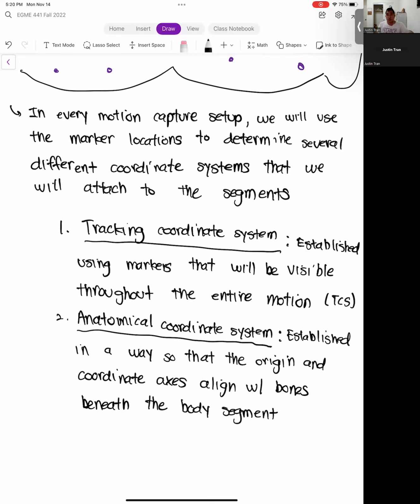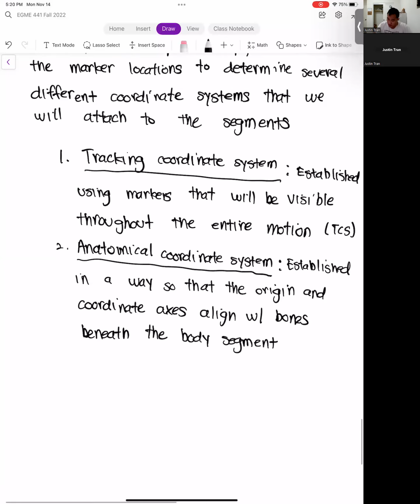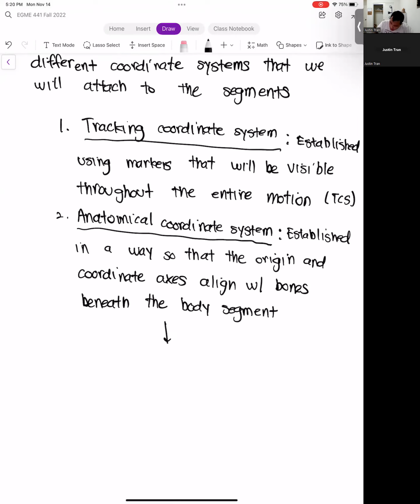This is what's mainly used to establish joint angles between adjacent body segments. We call this the ACS.